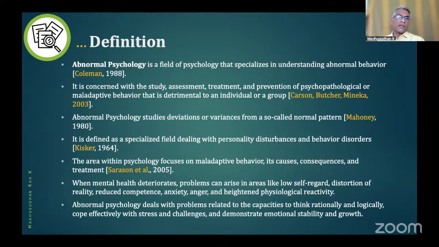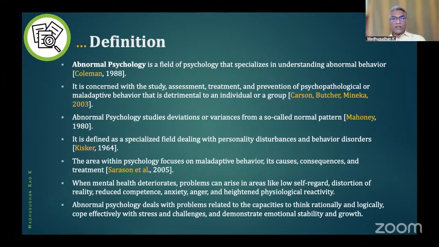This was said by Coleman in 1988. Then it is concerned with the study, assessment, treatment, and prevention of psychopathological or maladaptive behaviors that are detrimental to an individual or a group. Who said this? Carson, Butcher, and Mineka.